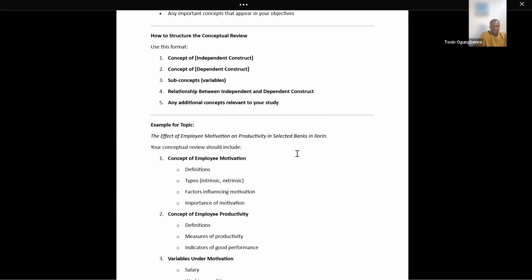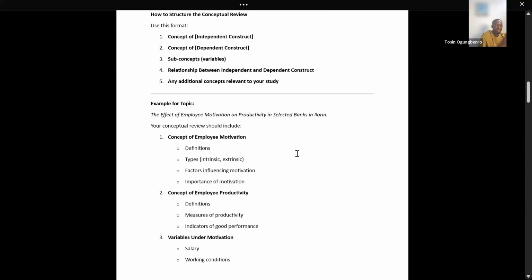You are coming back to your chapter 2 to see what somebody has said in relation to your current findings, and you corroborate it with your chapter 2. So you are meant to corroborate your chapter 4 with your chapter 2. That's why your conceptual review must reflect your objectives.